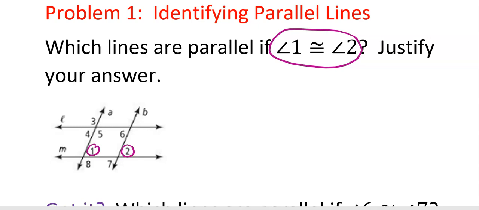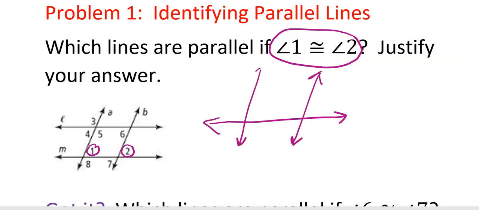So sometimes it's easier to kind of break out and draw a new picture. That's what I'm going to do because we have lots of angles in there and we have lots of lines. So the thing I'm looking at is the lines that are attached to those two angles only. So what I'm looking at are these. So 1 is here, 2 is there.